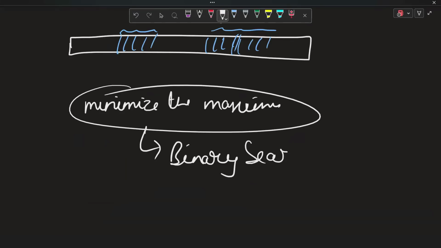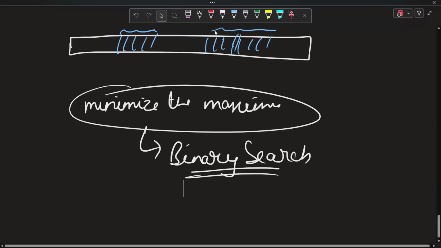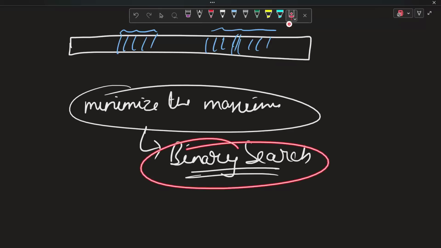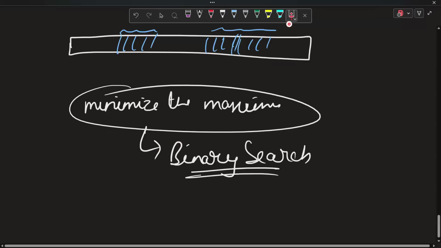I hope you know that. If you don't know, you can just recognize it now. Moving forward, whenever the task you have to do is minimize the maximum or maximize the minimum, binary search is the most common way to do that.